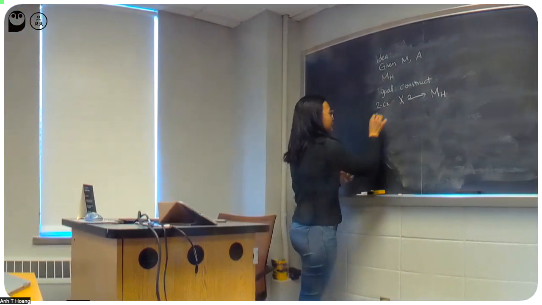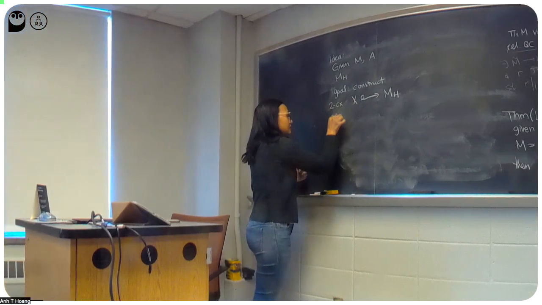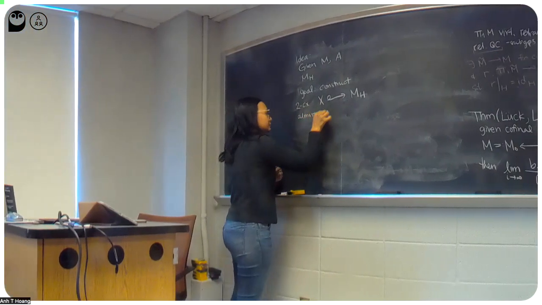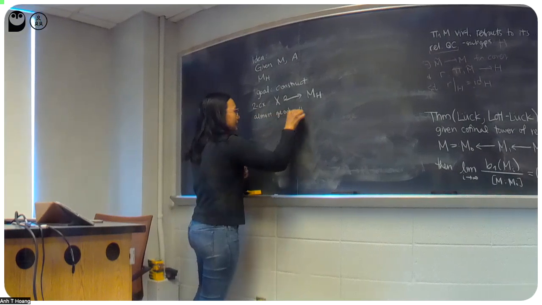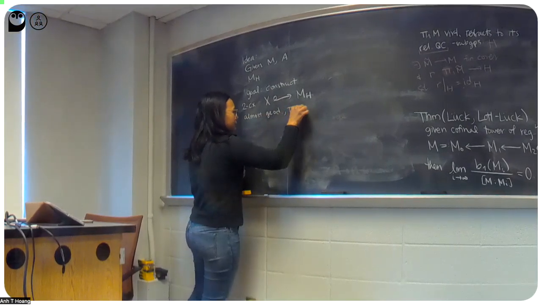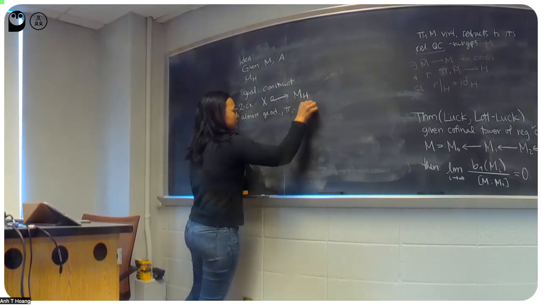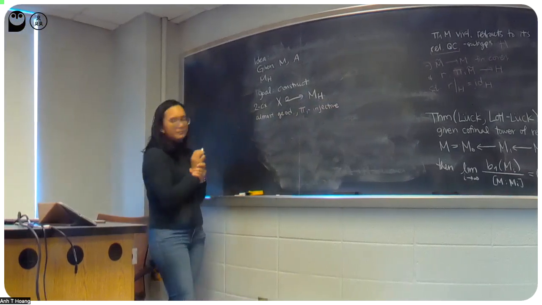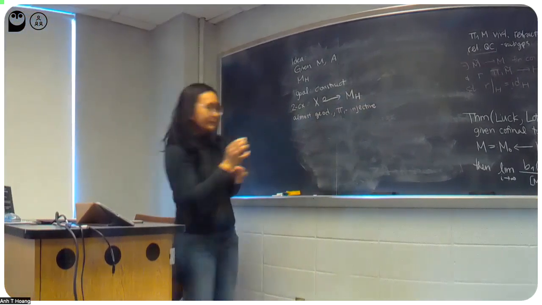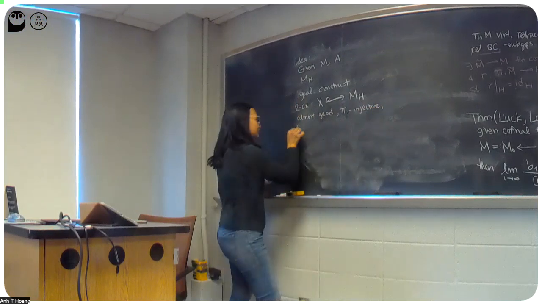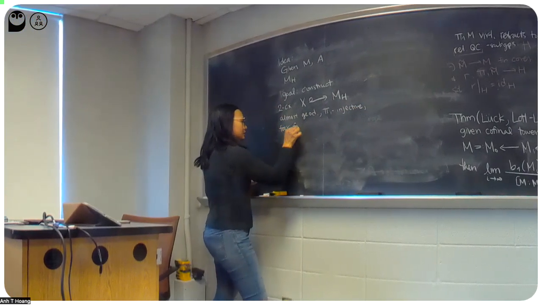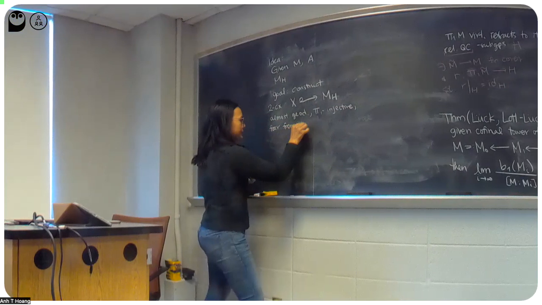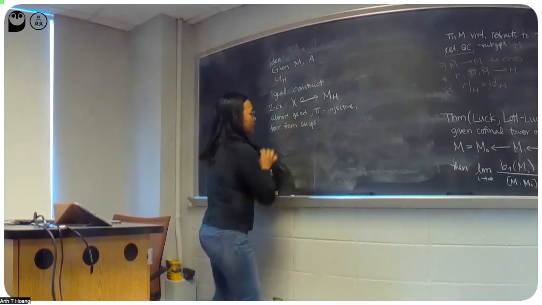I want this immersion to be almost geodesic. I want it to be pi1 injective. And I want it to be far from these cusps. So these are the boundaries.